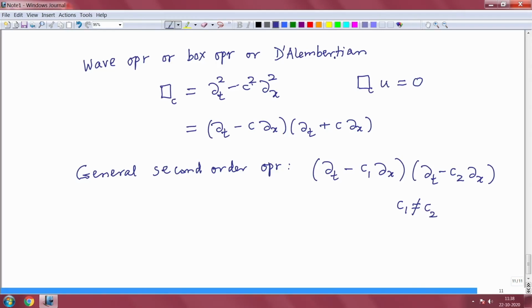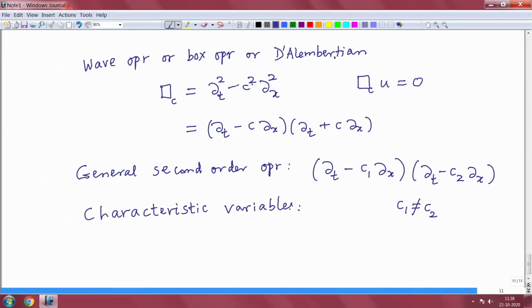Okay. The analysis is the same for this operator also. So here the characteristic roots are again C1 and C2. So you see the characteristic variables, because this we have done for the wave operator. So similar computation, so this is also hyperbolic.